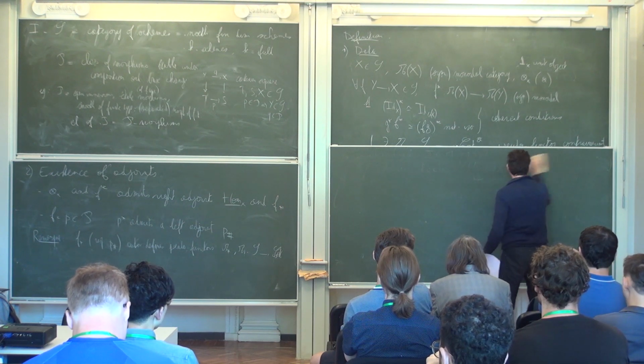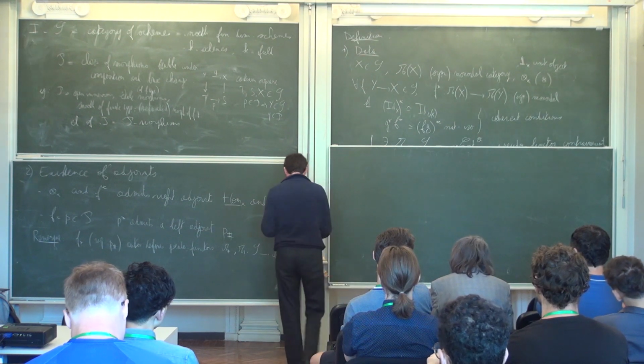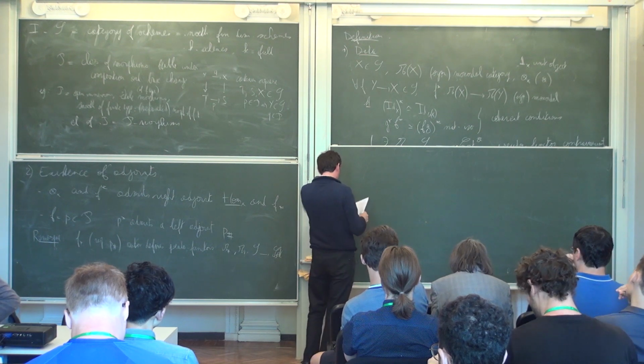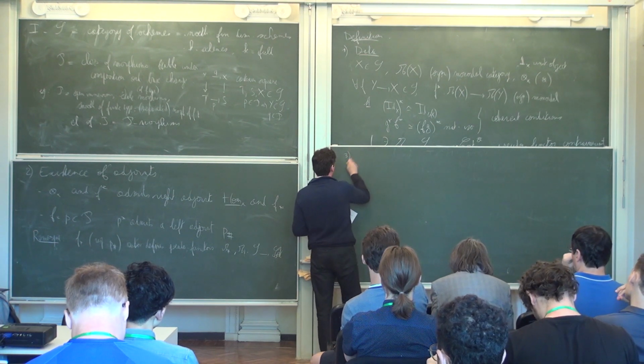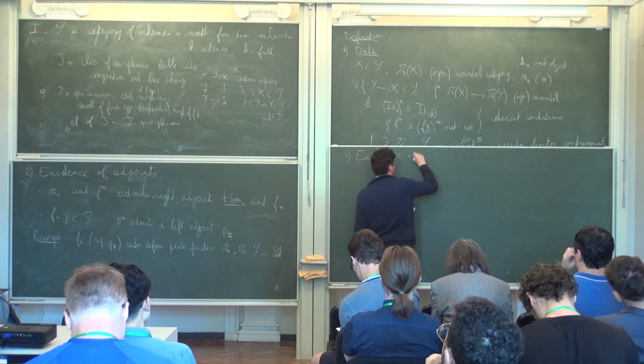So there are two basic axioms that are always fulfilled in the examples, and in particular in the example that Oliver has given us. And these are some exchange isomorphisms.